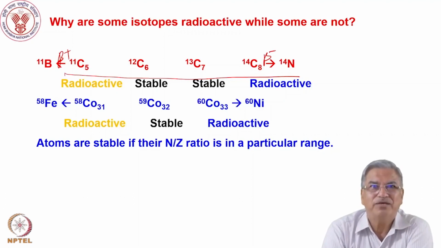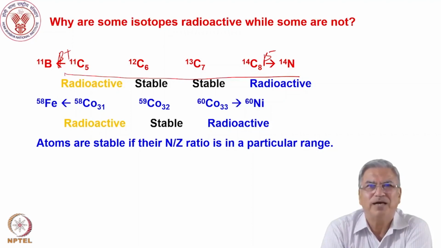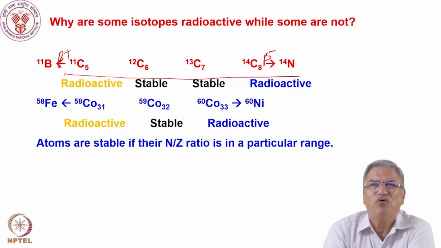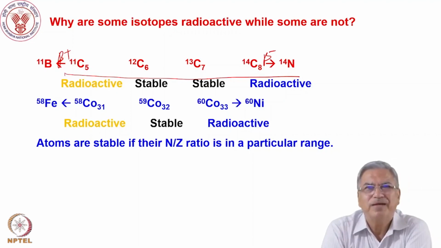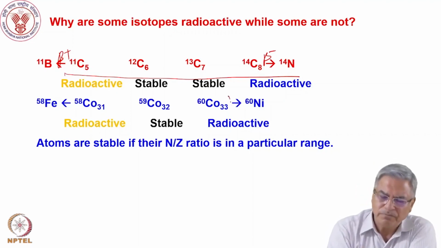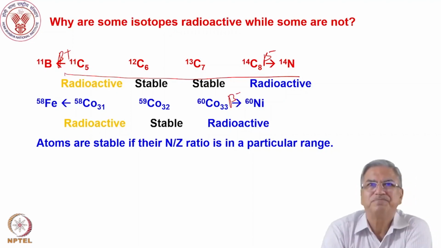Another example: cobalt has only one stable isotope, that is cobalt 59, having 27 protons and 32 neutrons. You add one neutron to cobalt 59 and you form cobalt 60, and this becomes radioactive.